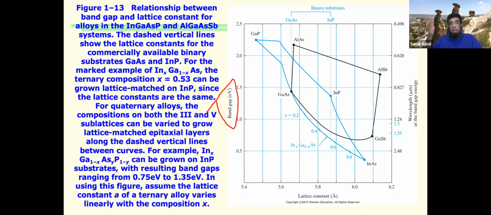So what's happening here is not just lattice constant is changing. I'll go back to this simple example again before we get into other things. So going from here to here, there is a change in the energy of what you call band gap.